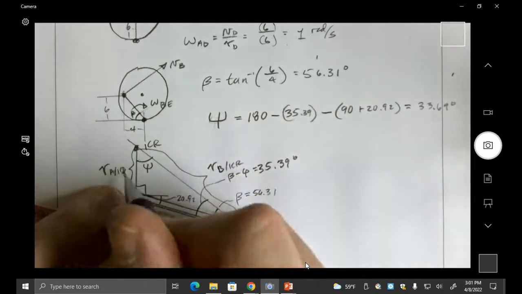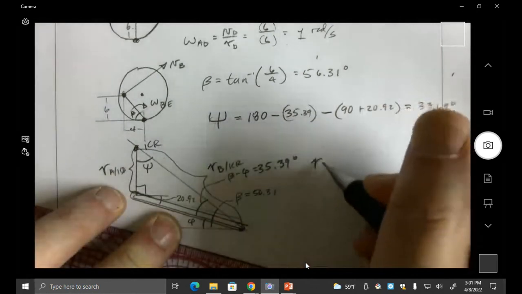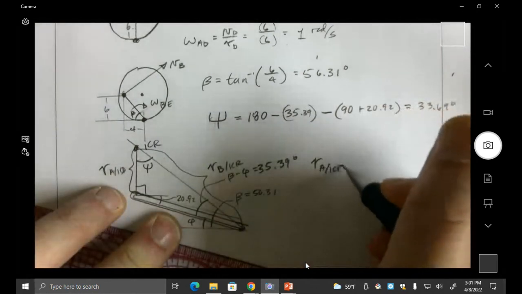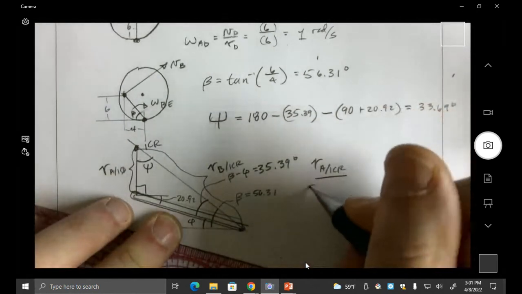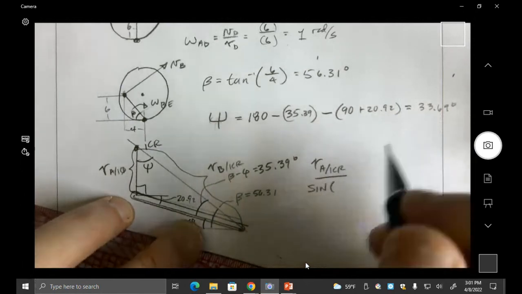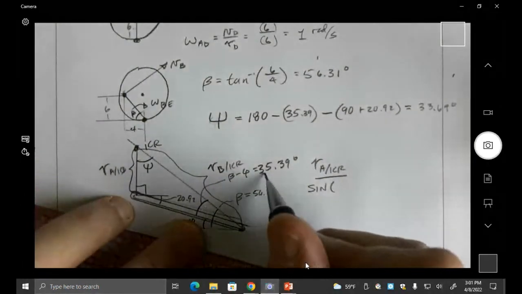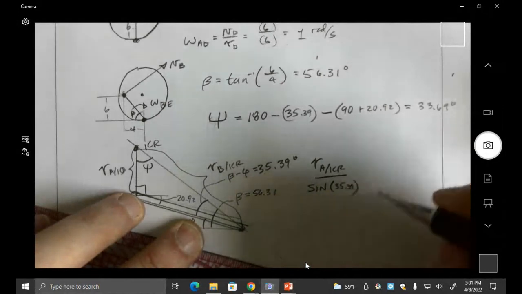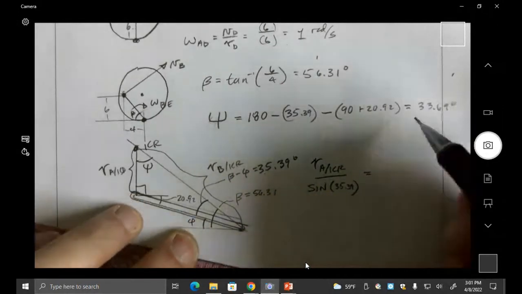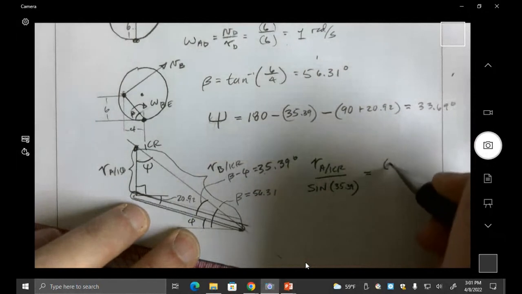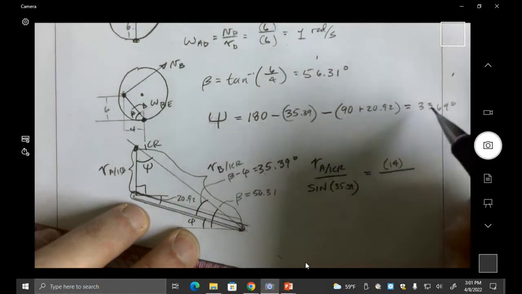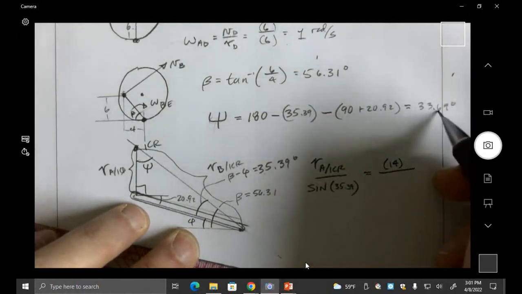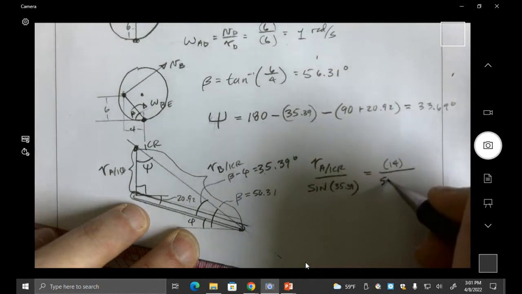The first thing I want to get is the RA with respect to ICR. It's going to be opposite from the sine of 35.39, and the known length is the 14 inches. And I'm really suspicious of this 33.69, to tell you the truth.